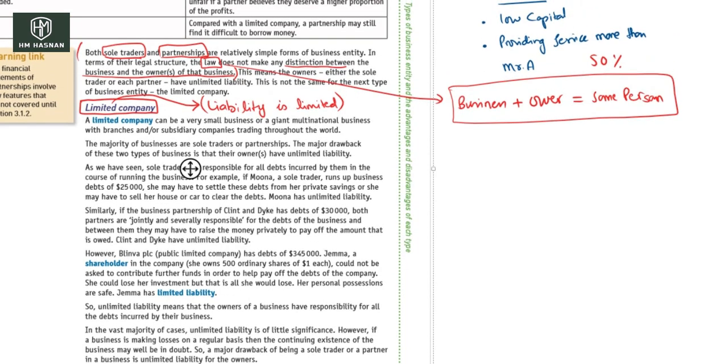But in sole trader or partnership, is liability limited or unlimited? Unlimited. But in a company, there is limited liability. Okay?